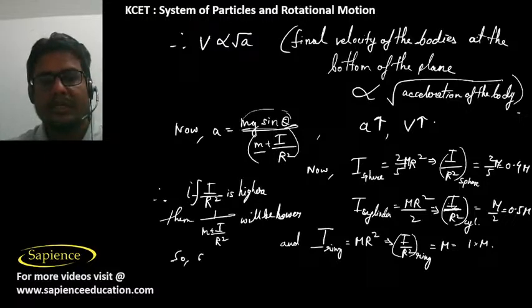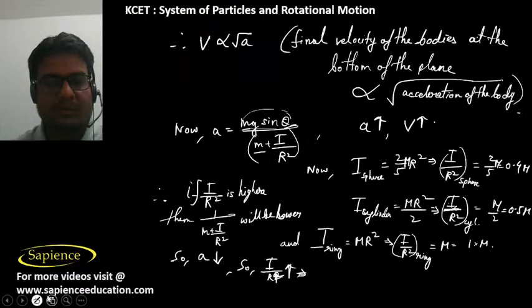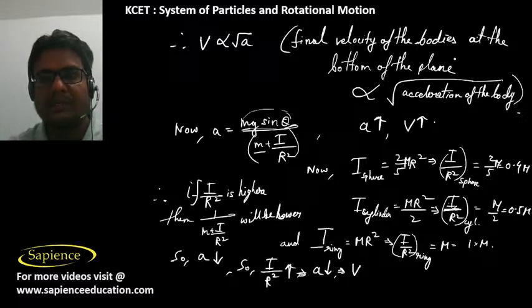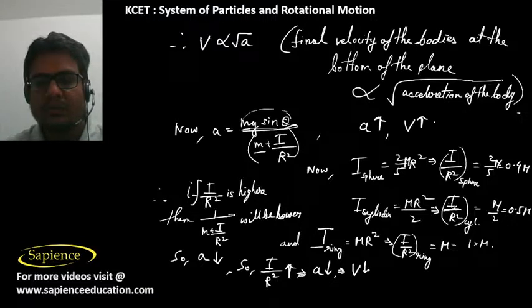So it means that the acceleration will be lower, and the final velocity at reaching the bottom of the inclined plane will also be lower.